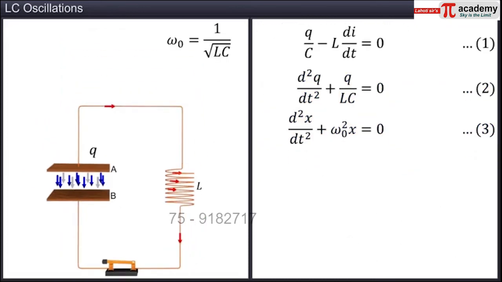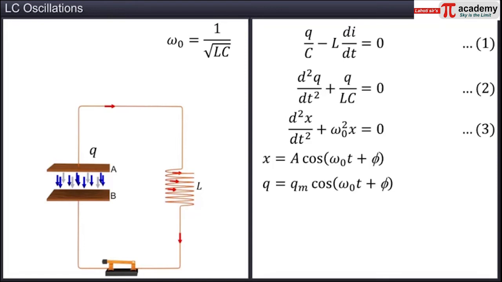We know that in equation 3, the displacement x is expressed as A cos of omega naught t plus phi, where phi is the phase difference and A is the amplitude of oscillations. Similarly, for equation 2, the charge Q can be expressed as Q is equal to Qm cos of omega naught t plus phi, where Qm is the maximum charge on the capacitor.